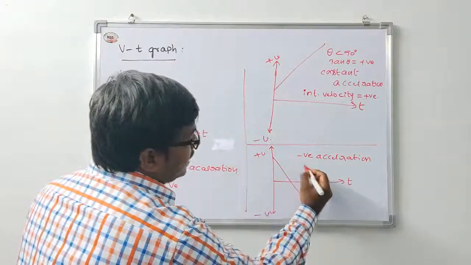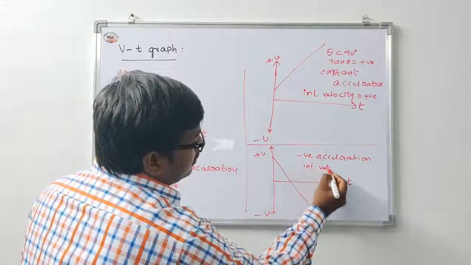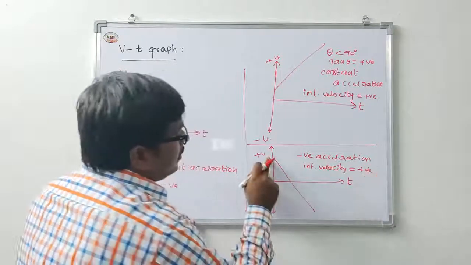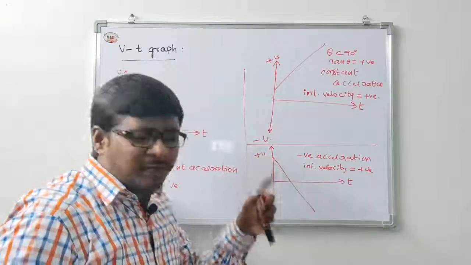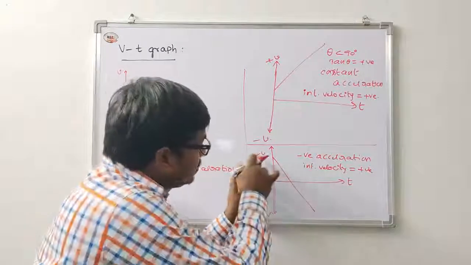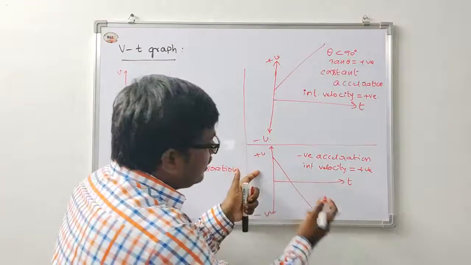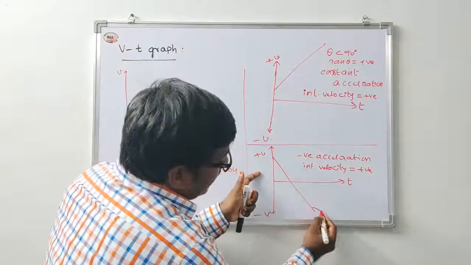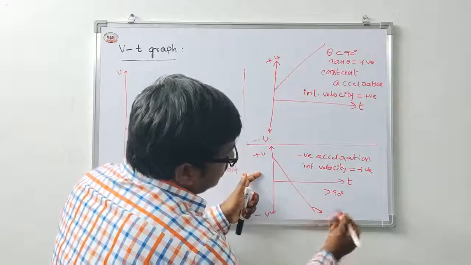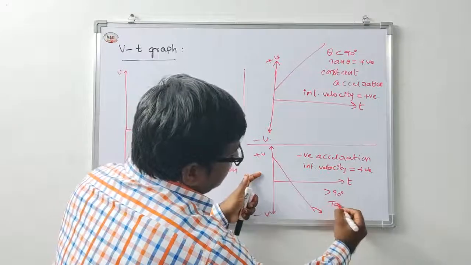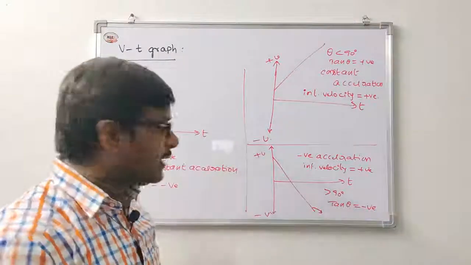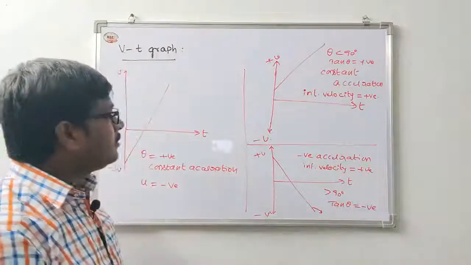The initial velocity is always positive, because the first velocity is on the positive axis. Here the angle is greater than 90 degrees, so tan theta is equal to negative.